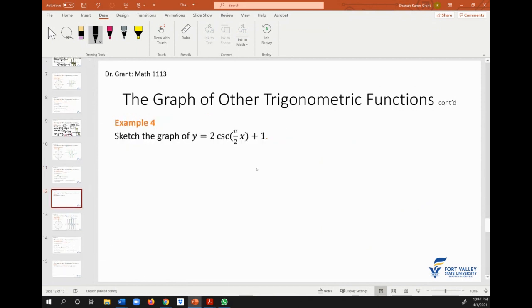So a quick example here. Let's say we want to graph y equals 2 cosecant of pi over 2x plus 1. We can identify, like we did before, a, which is going to be our stretch, which is 2.